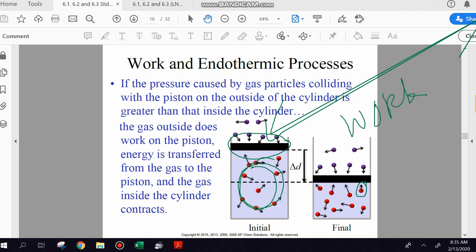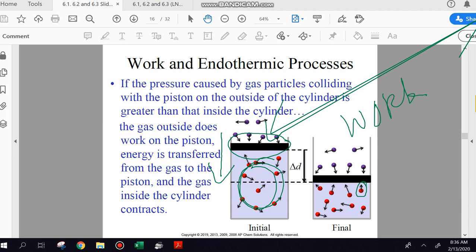Okay, so as the gas particles continually collide with the piston, they're putting more pressure onto the piston. And when that happens, the pressure is going to increase as the collision rate increases, and then this is going to push down onto the system.